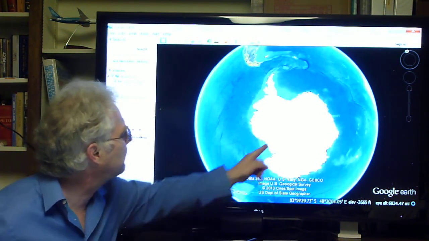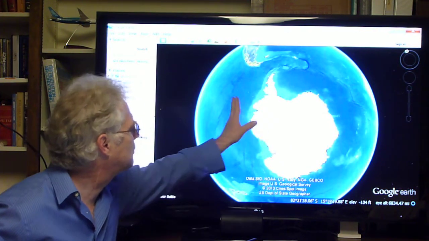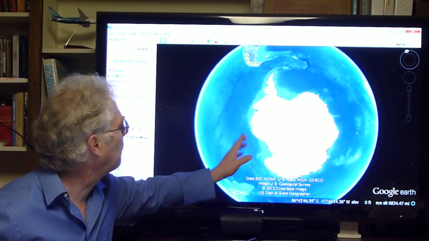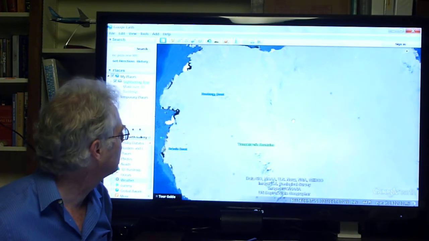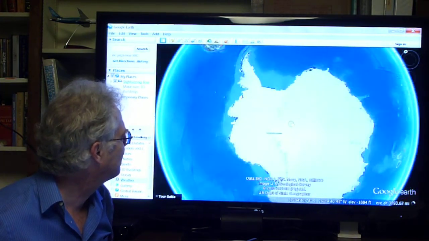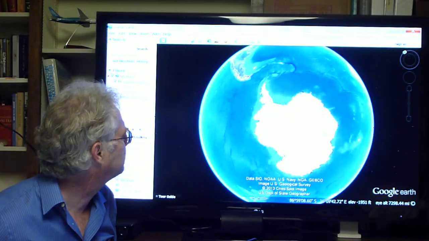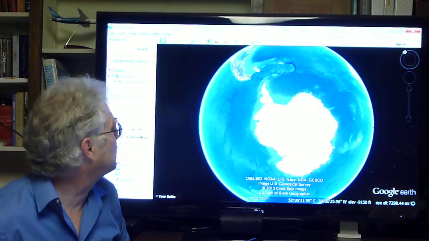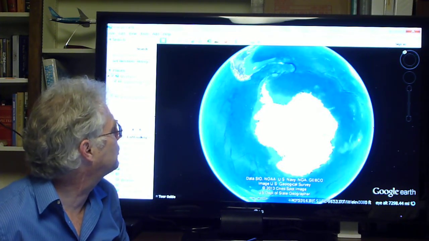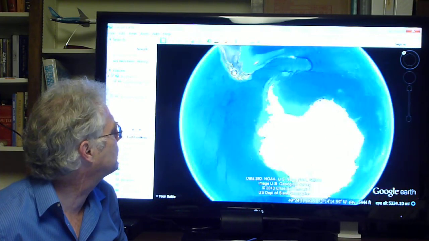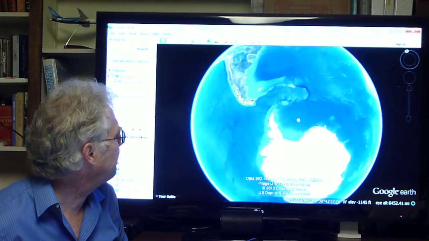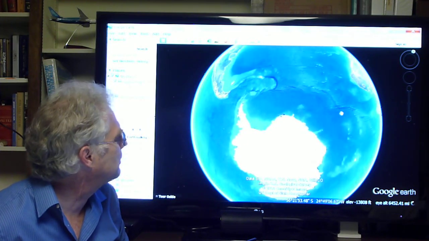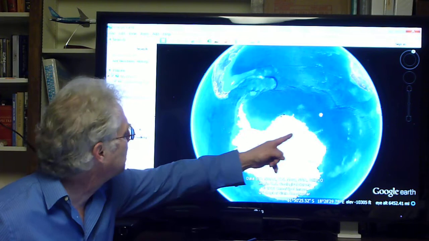Then it comes out and spreads from the South Pole, heading back up north. So you can see stresses of connections. You can see how these two have stretched in between. And you can see stretch marks here.